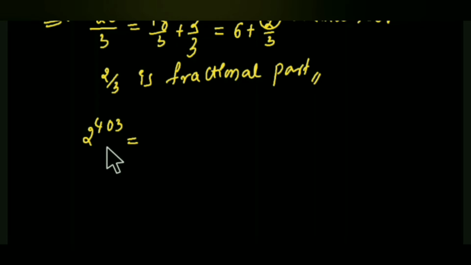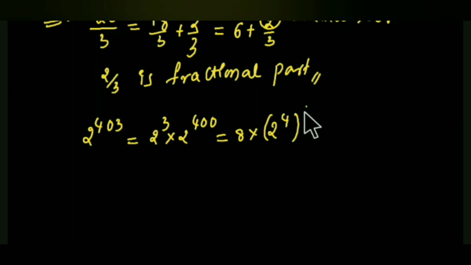Now let me write this as 2 cube into 2 to the power 400. 2 cube value is 8, and 2 power 400 can be written as 2 power 4 whole to the power 100. Again, I write this as 8 into 16 to the power 100.